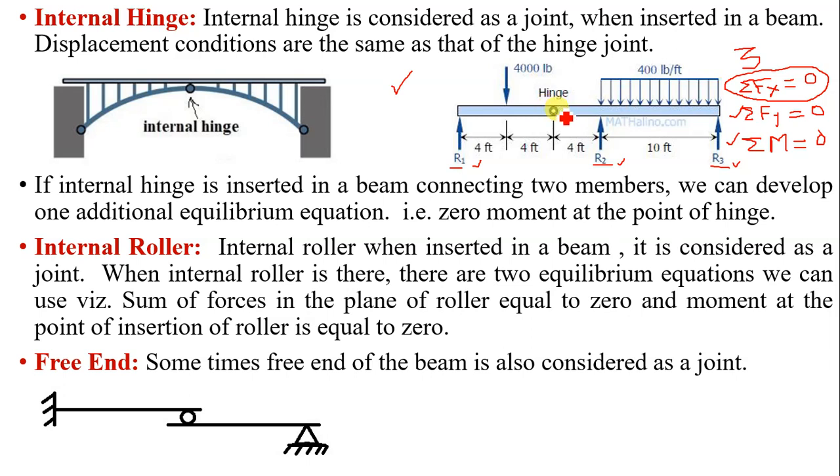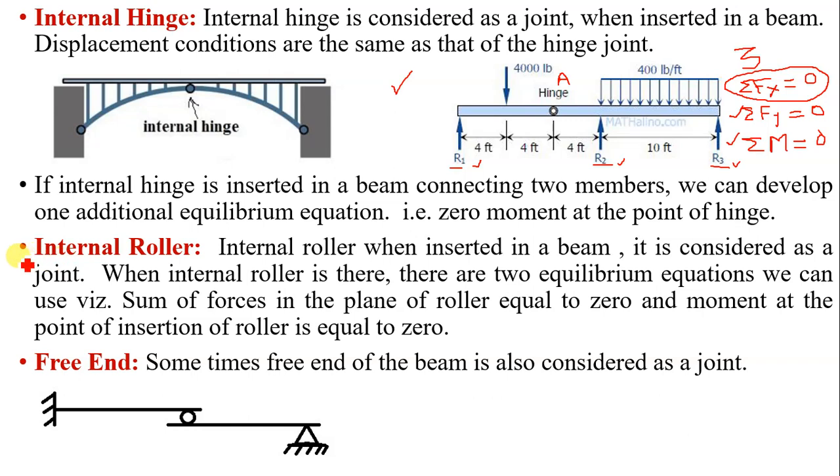Since a hinge is there, we can write one more equation, summation M about this hinge, about point A, is equal to 0. Thus using summation Fy is equal to 0, the general equation summation M is equal to 0, and one additional equation, summation M about the hinge is equal to 0, we can develop three equations and we can find these three unknowns, R1, R2 and R3.